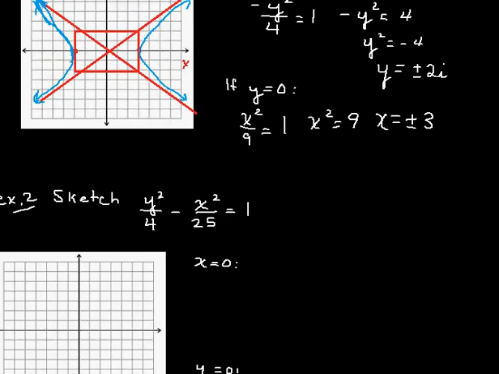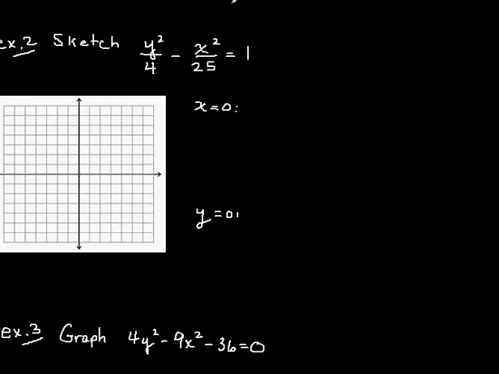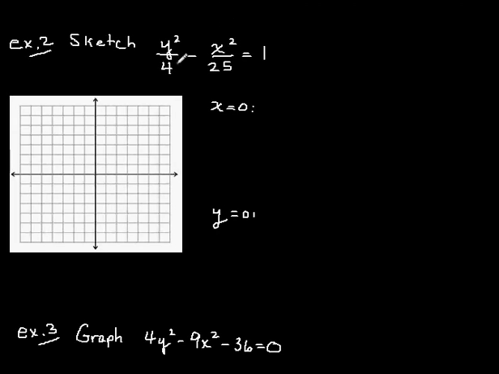Let's try another one. You can see on this one that our foci, because the one that's not going to be imaginary, are going to be the points on your y-axis. So I'm going to set x equal to 0, and we get y squared equals 4, y equals plus or minus 2.